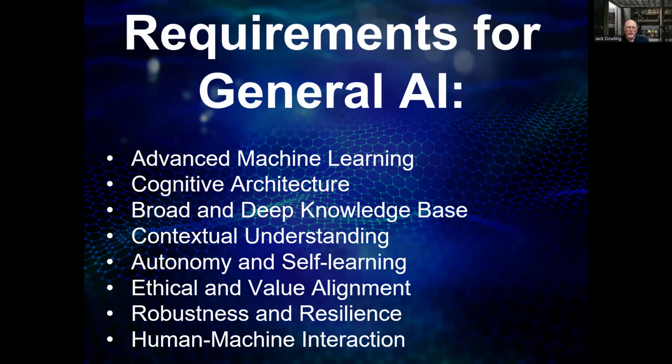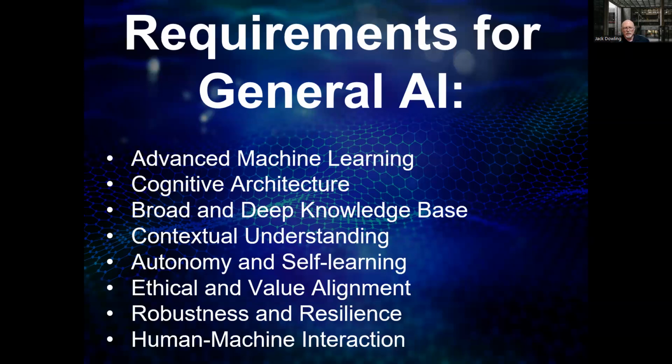So ethical and value alignment: it should include mechanisms that ensure ethical behavior and that it's aligned with human values. Robustness and resilience: it's got to be capable of handling uncertainty, noise, and adversarial inputs. People say things all the time to catch you off guard and make you laugh, but those are going to pose challenges to AI if it doesn't understand the humor.